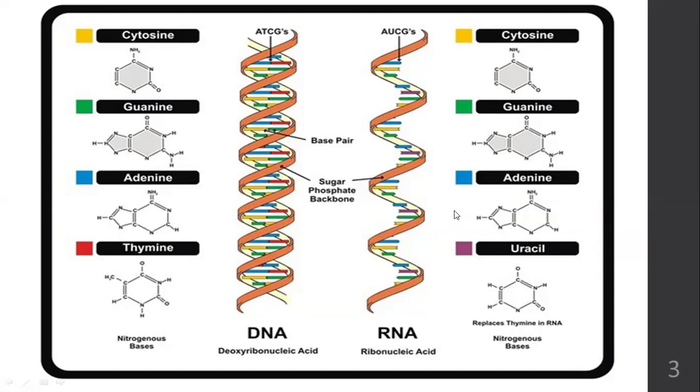You get this N, N is nitrogen, only from your protein. Protein is the only macronutrient that can provide you nitrogen. So this is the importance of having an adequate amount of protein in your diet. It makes sure that at your DNA level, at your genetic level, you are healthy.